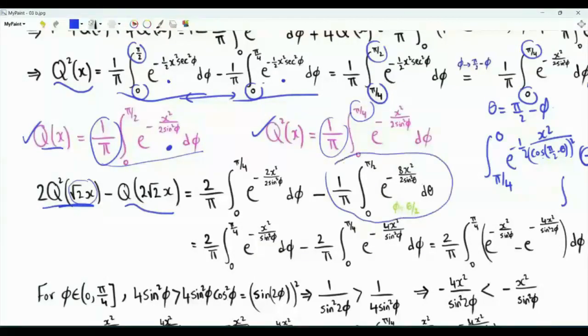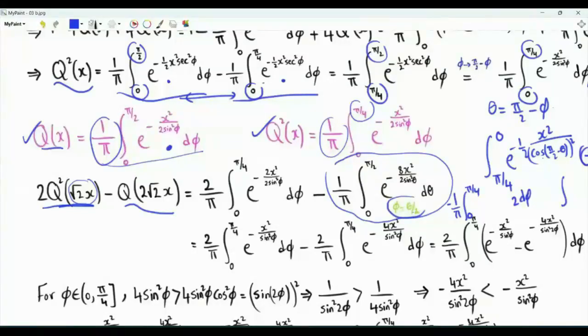Write down this integral in terms of the dummy variable of integration theta, and then let's do the change of variables. Phi is equal to theta over 2. When theta is equal to 0, phi is equal to 0. When theta is equal to pi over 2, phi is equal to pi over 4. d theta is equal to 2 d phi, and the integrand becomes e to the minus 8x squared over 2 sine of 2 phi squared.